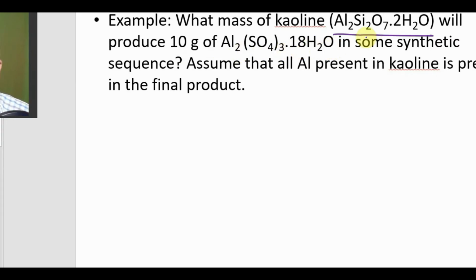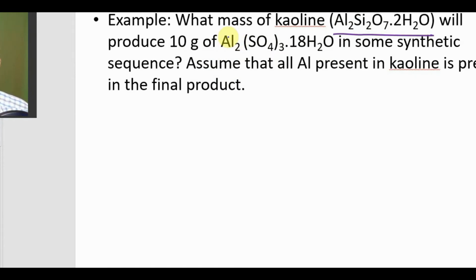It's a huge molecule. But in some synthetic sequence, not given to you, assume that all aluminum present in the kaolin mineral is also present in the aluminum sulfate synthesized. So that is the presumption you have to make, and that is not a wild presumption.